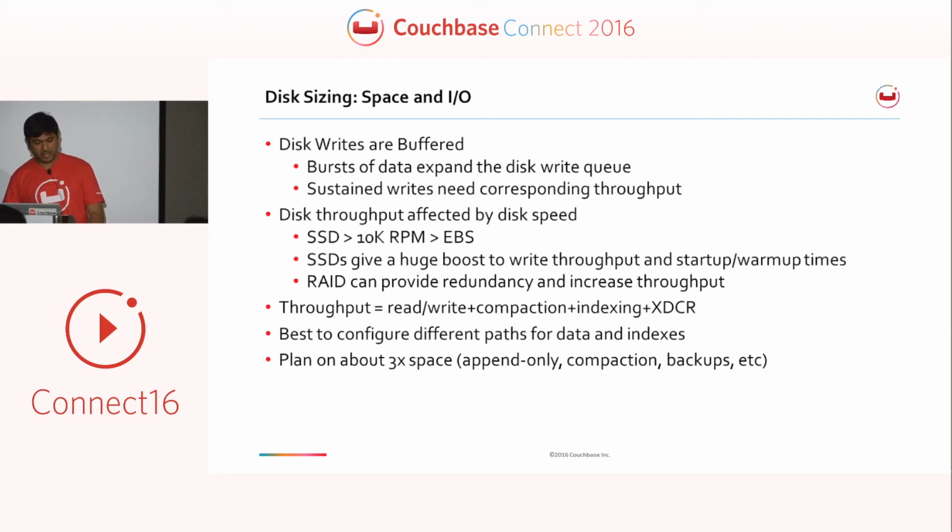The best practice here, again, is that for this disk you need 3x to handle the append-only compaction and backups. And the best practice for views, if you're having them, is to use different paths for views and data location.